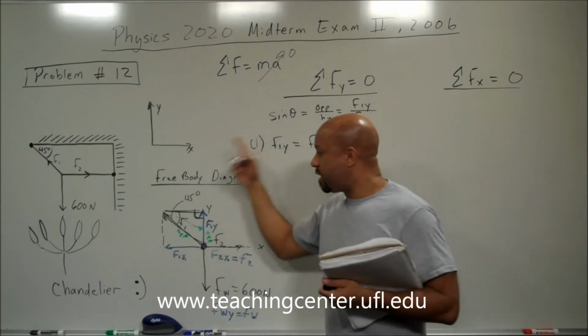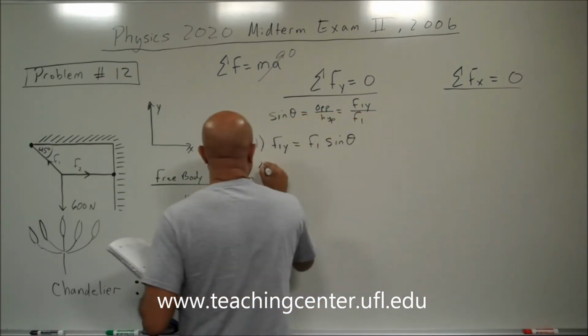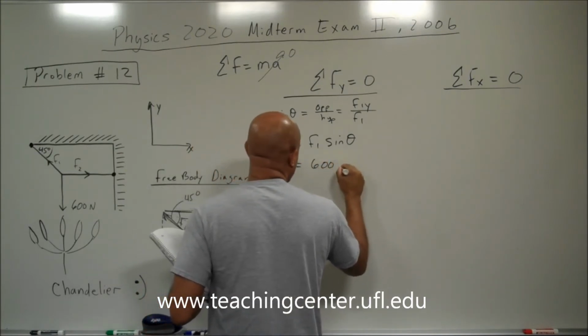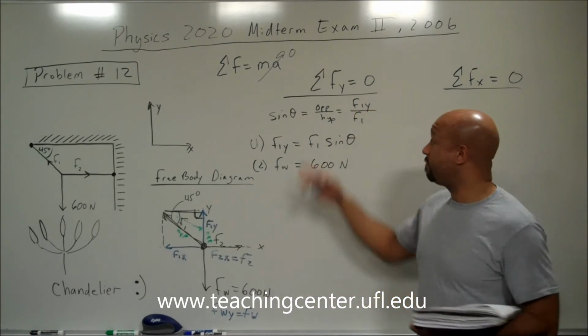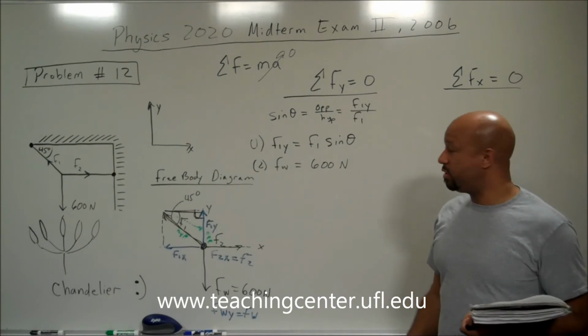We have another force that's acting in the negative direction, which is the weight force. We know that the weight force is equal to 600 newtons. Now all we have to do is sum these forces and set them equal to 0.